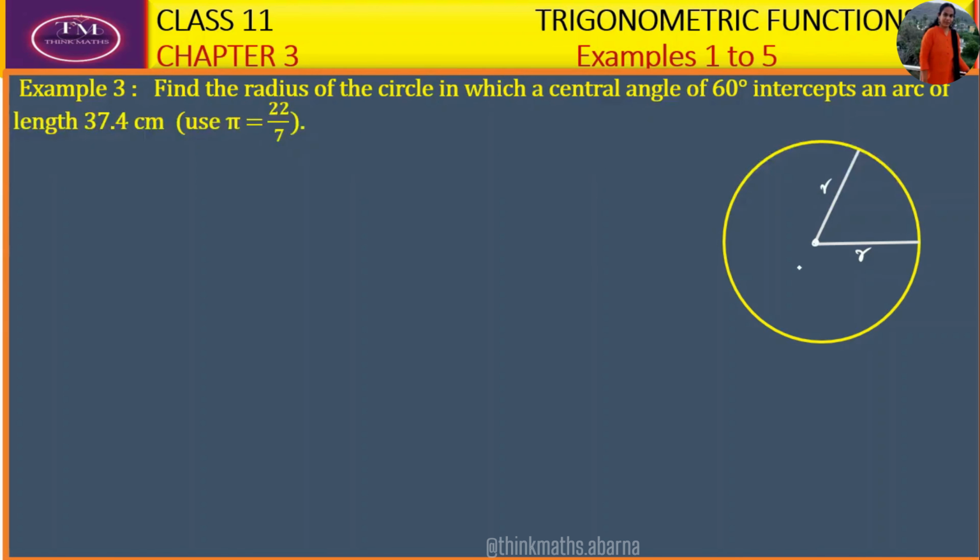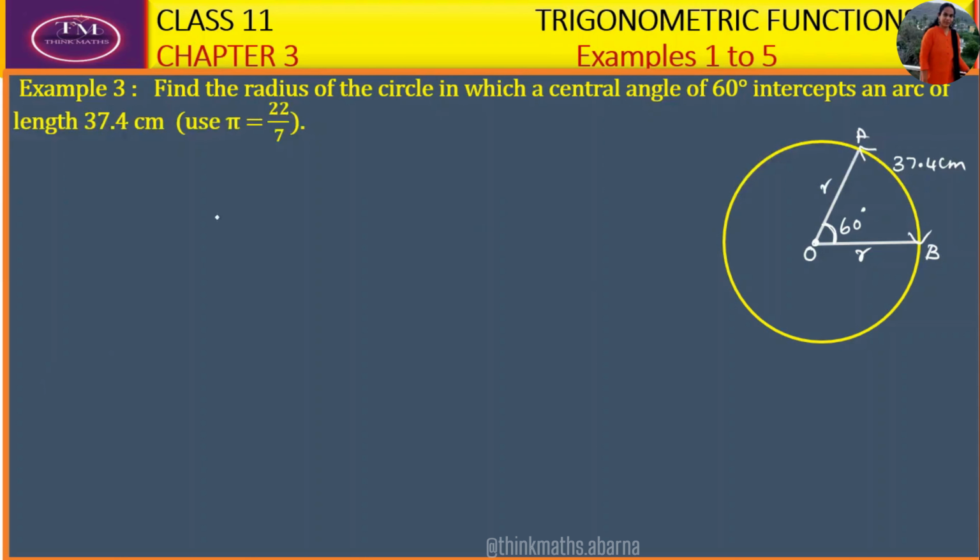Let R be the radius of the circle in which a central angle, this is the central angle, makes 60 degree, intercepts an arc of length, this is the arc length. A, B, and this is O. AB is the arc length. It is 37.4 centimeter.